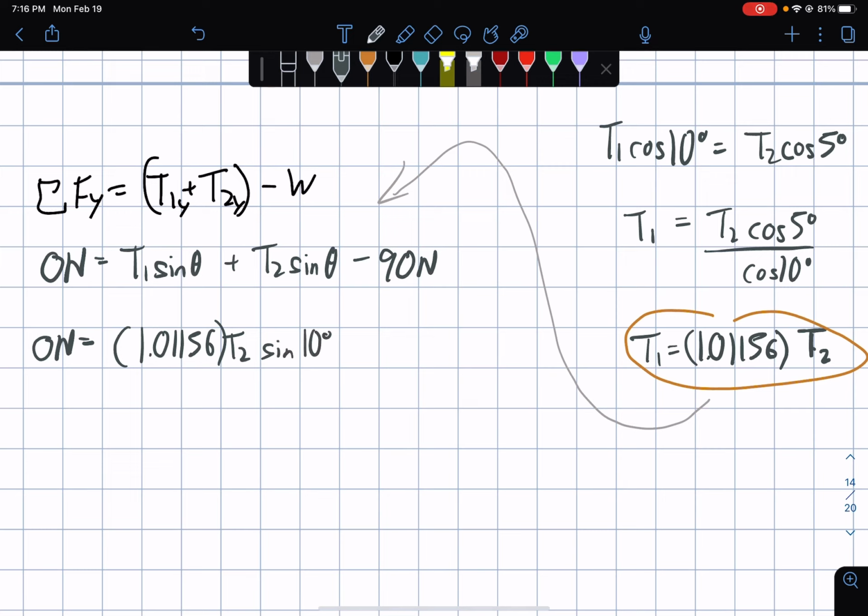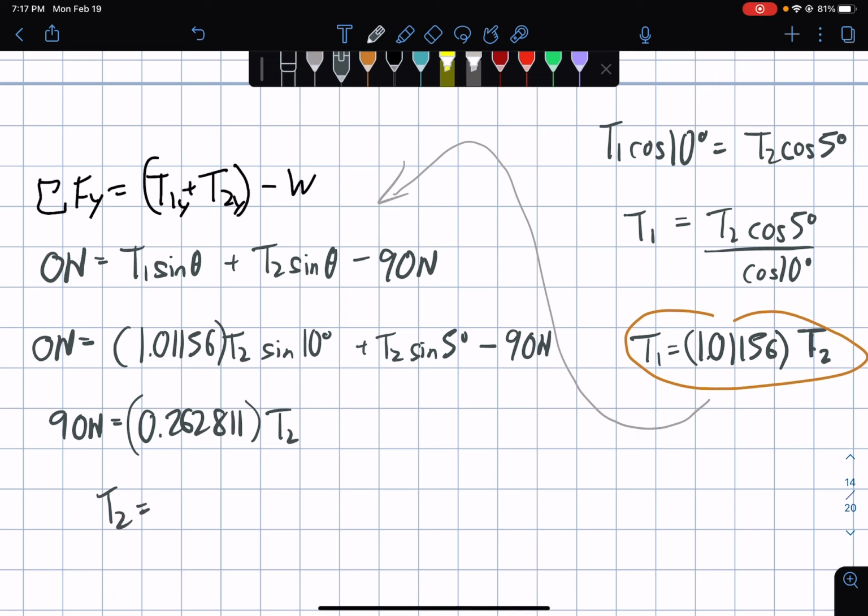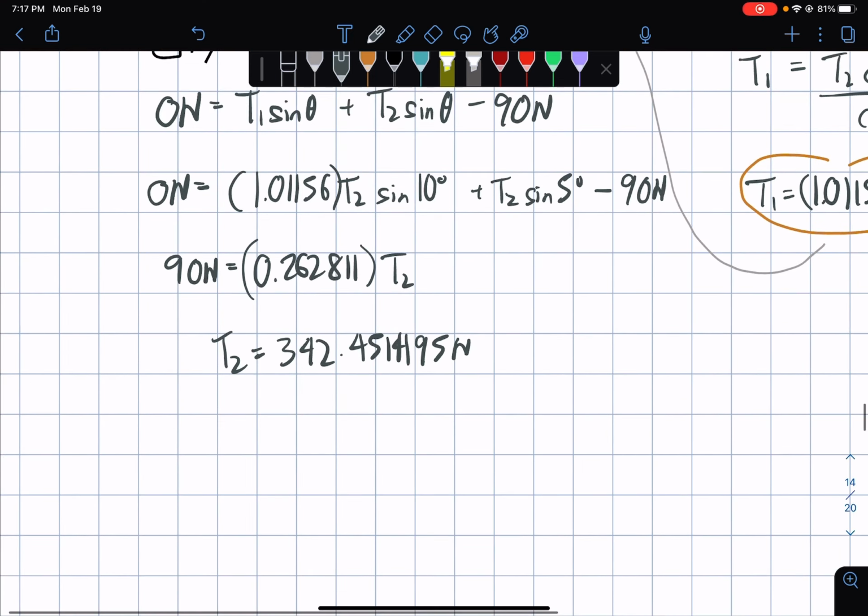For T1 it's 10, and then T2 sine 5 degrees minus 90 newtons. 90 newtons is equal to, if you simplify all of this, this is going to be equal to 0.262811 times T2. Therefore, T2, 90 divided by 0.262811, that is equal to 342.4514195 newtons.